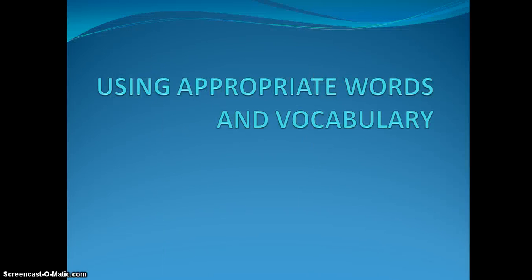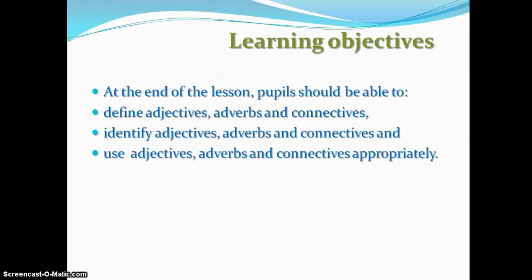Okay? Our topic for today is using appropriate words and vocabulary. Now what do we hope to learn from this lesson? When all this is done, what are the things we hope we would have achieved?